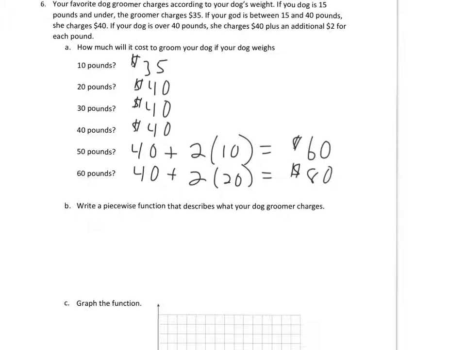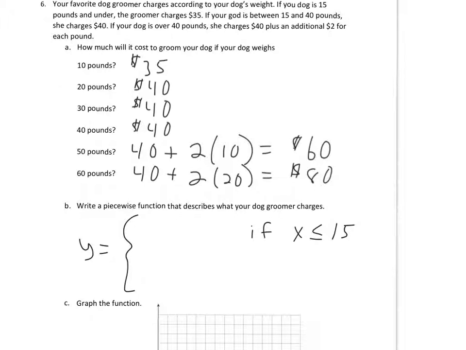Now the piecewise function here is going to need 3 parts. So we're going to have y equals 3 different equations. We're going to need one equation if the weight of the dog is 15 pounds or under. So we'll call that x less than or equal to 15.